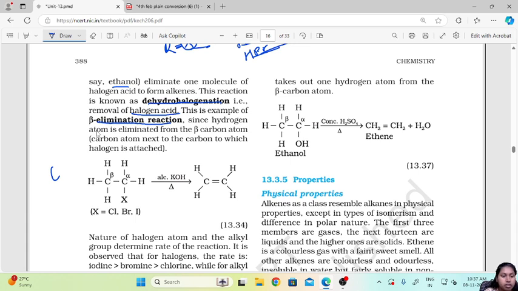Here you can consider this to be chloroethane. Whenever you remove this chlorine, it is removed along with the hydrogen present on the adjacent carbon. This adjacent carbon is called the beta carbon, which is next to the alpha carbon bearing the halogen. Once you remove these, there will be electrons left on both the carbons. They come together and form your alkene.